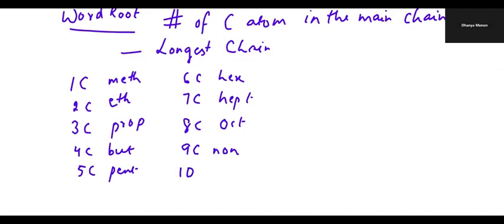Okay. 11 carbons, undec. So 12 carbons, dodec. So you have to learn until this. After this, it probably won't be coming. So these are the terms that we use for 1 carbon, 2 carbons, and so on. Okay. I hope you have noted down all these.